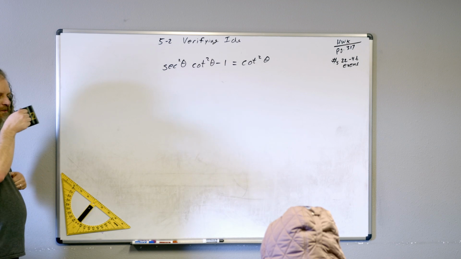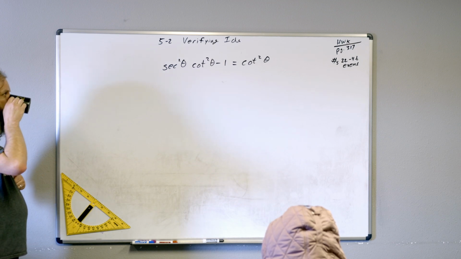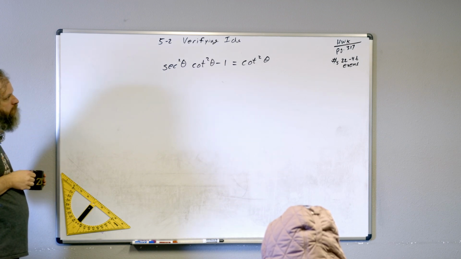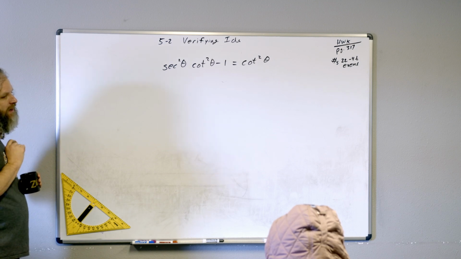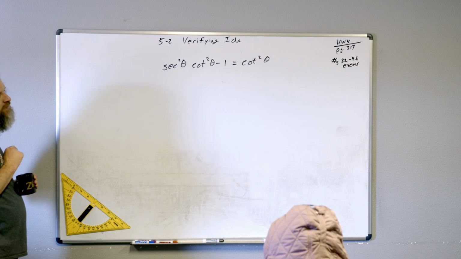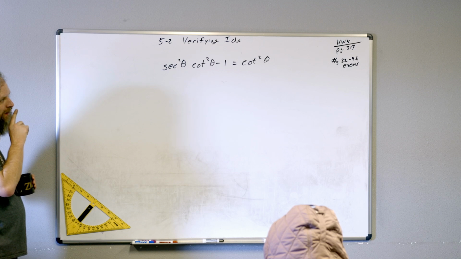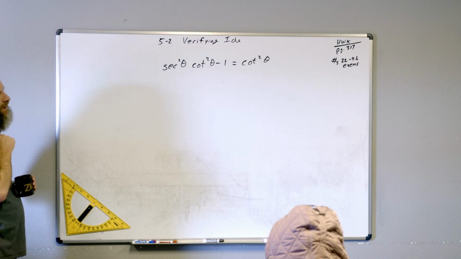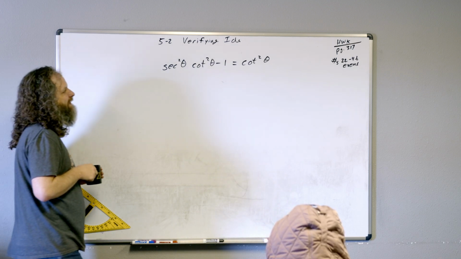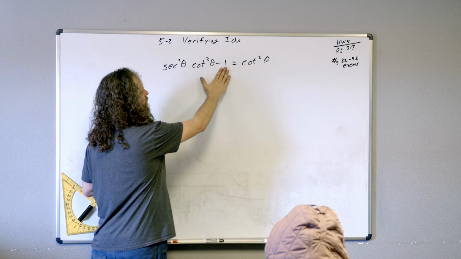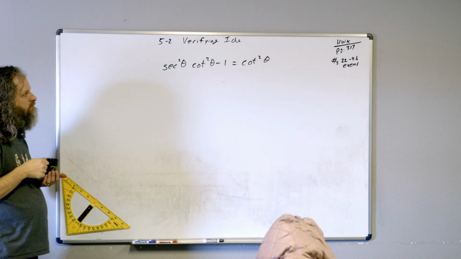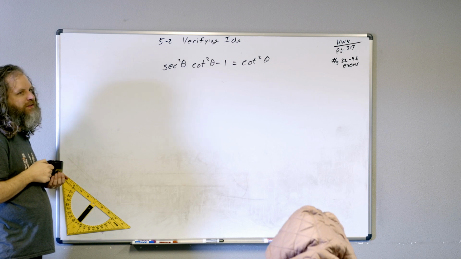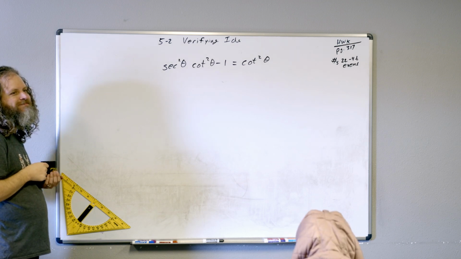So, what should we do? Divide both sides by cotangent squared theta? You could, but we have to divide everything by cotangent squared theta, so we're going to end up with a fraction. We're trying to make both sides look the same.